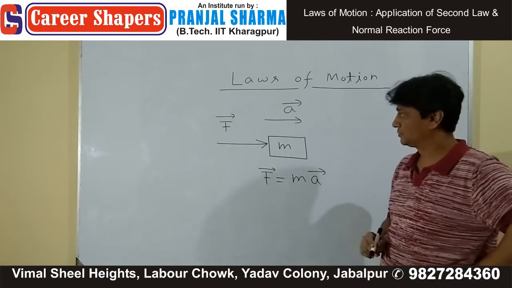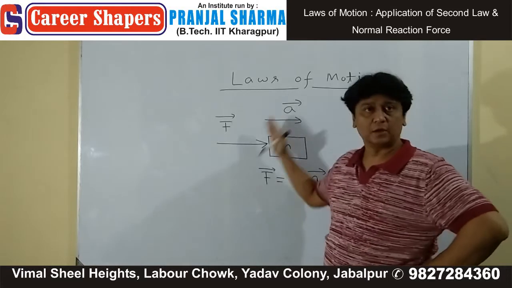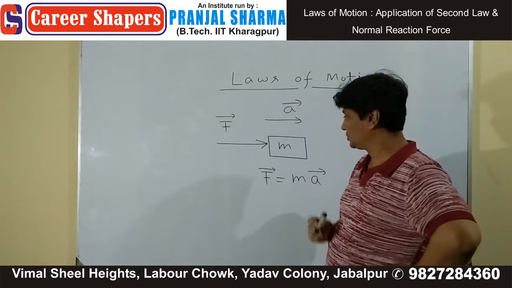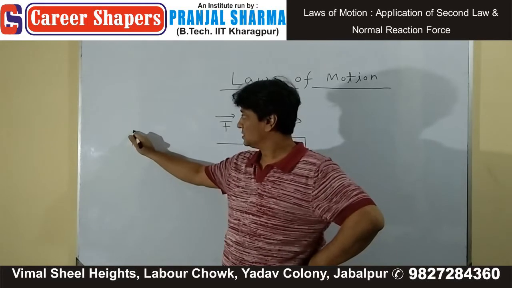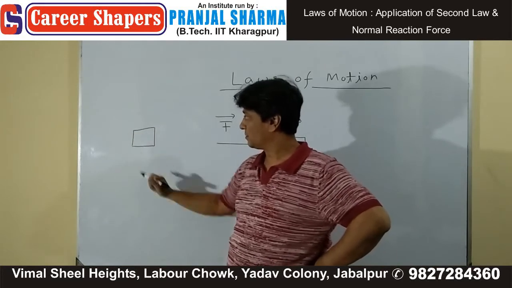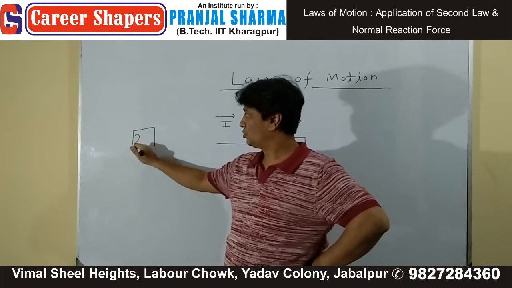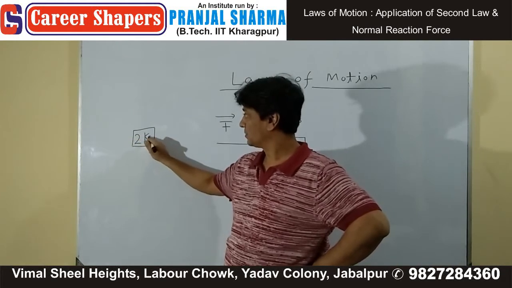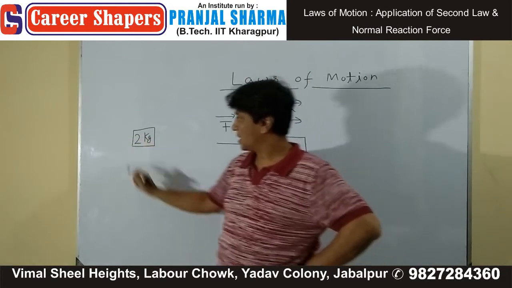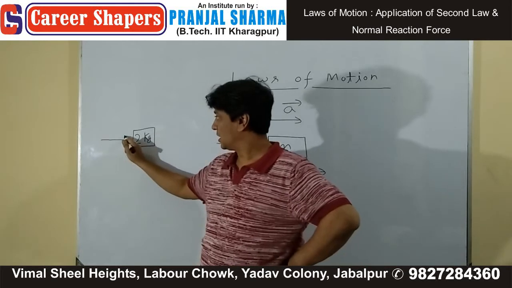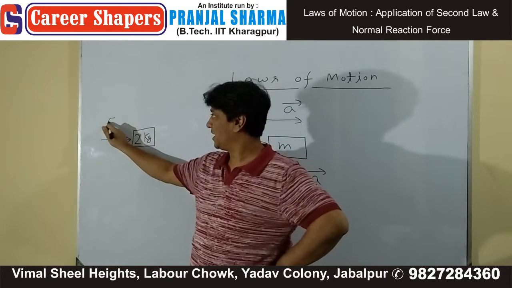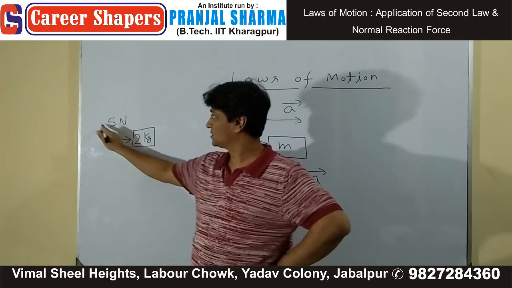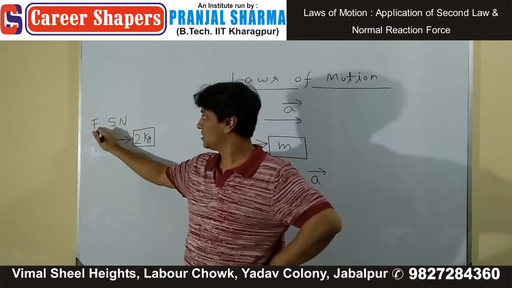So, the way this thing is used is, suppose we have been given an object of 2 kg. And a force of 5 newtons is acting like this. Let's call it F1.